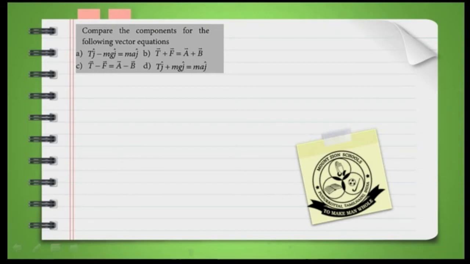This is problem number 13. So the first one, it is given that T j cap minus Mg j cap is equal to Ma j cap. We need to compare, now comparing the components.